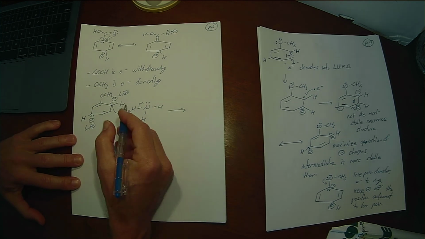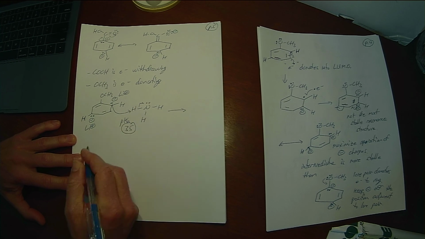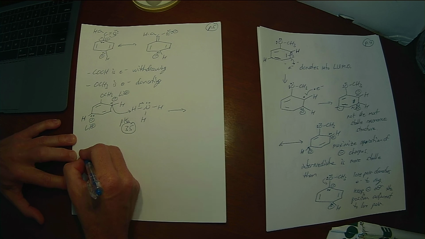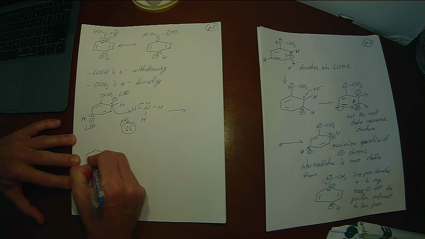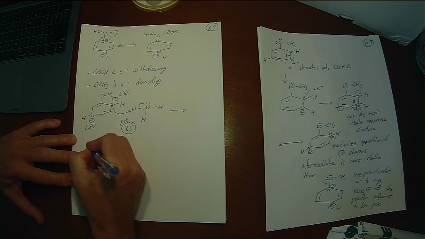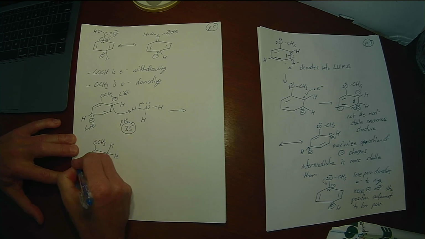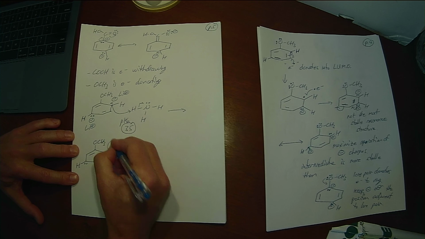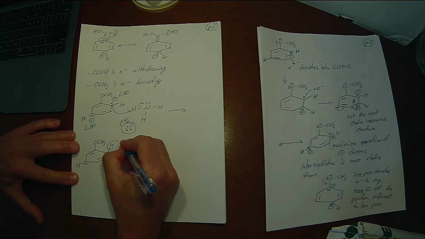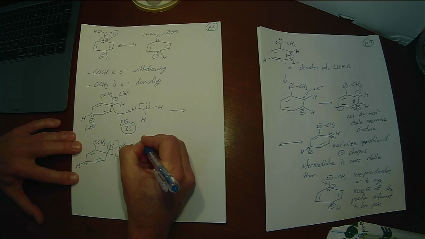So the answer is yes, it is a good enough acid, right? Because the pKa of ammonia is still 35, and the pKa of an sp3 CH bond, which is what we're going to be looking at, is higher than that. The pKa of this hydrogen, because it's adjacent to a double bond like that, is actually closer to 40 than it is to 50.